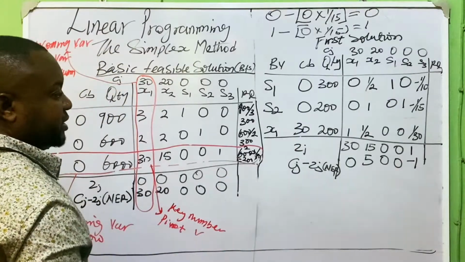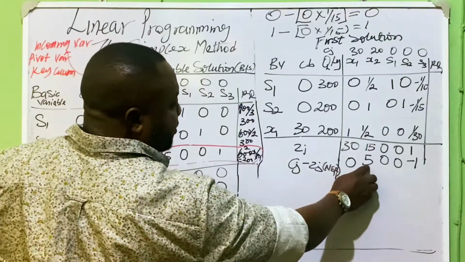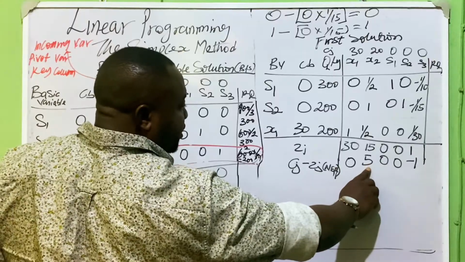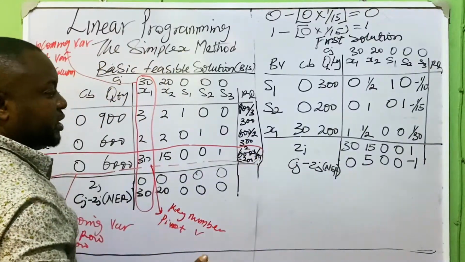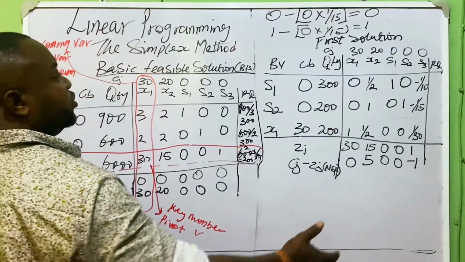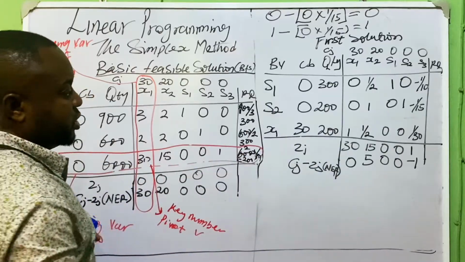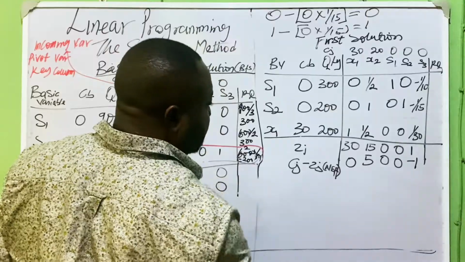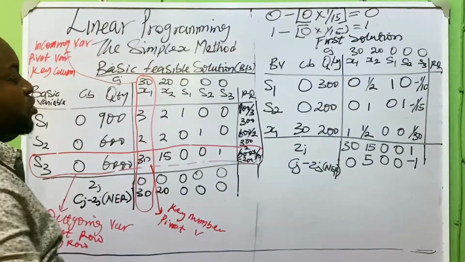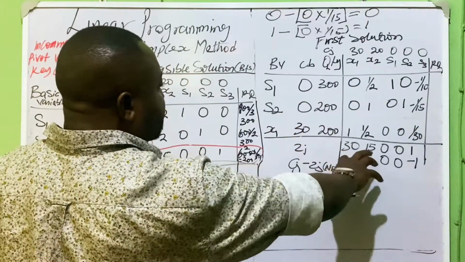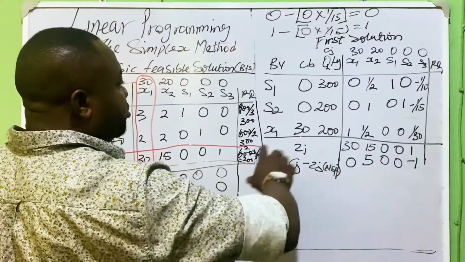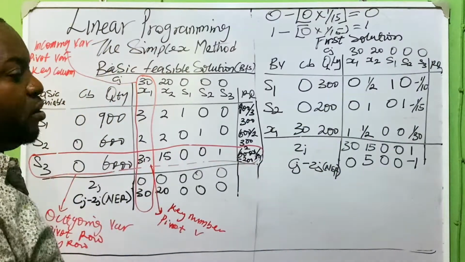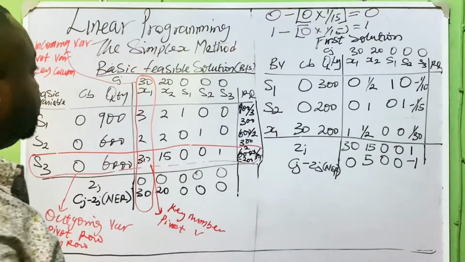Because we are maximizing, anytime we still have a positive value in the net evaluation row, it is an indication that the solution can be improved. So we still have a possibility of improving on our solution. So we are going to revise this solution to improve on it, and it's going to be called our second solution.